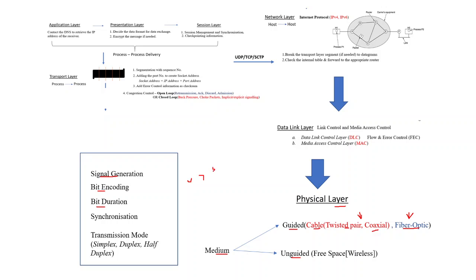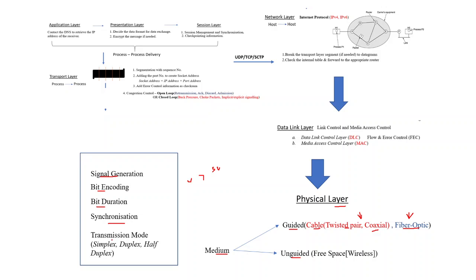Like, 5 volts might stand for a 1 bit or a 0 bit, so that is determined by the kind of bit encoding that is used. Then the bit duration, like for how long one bit is going to show up in a signal. And then synchronization, again it's kind of a flow control.